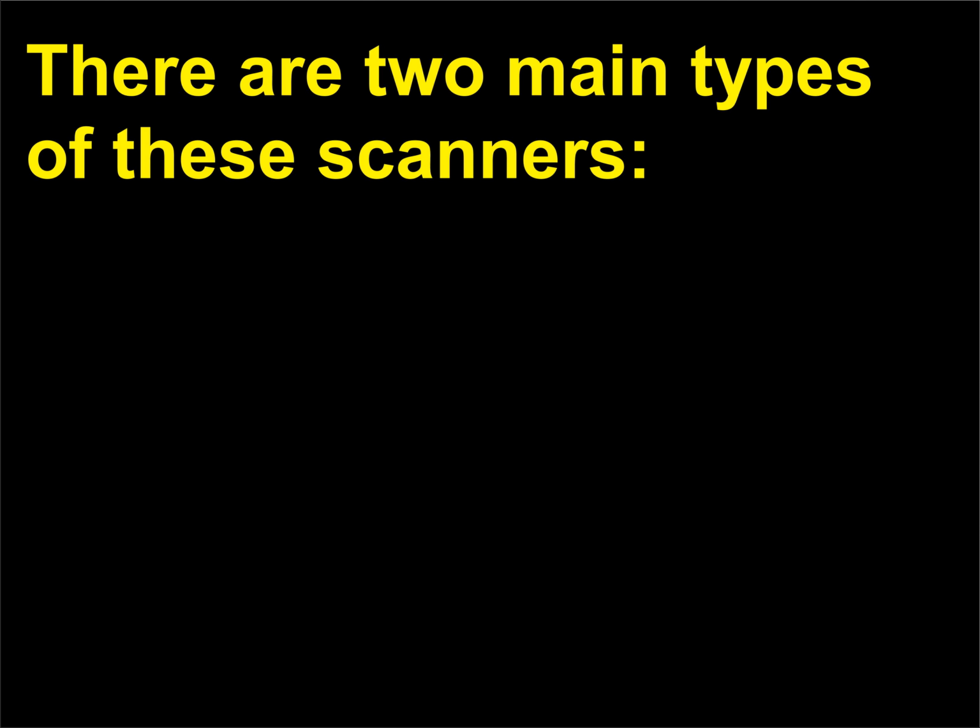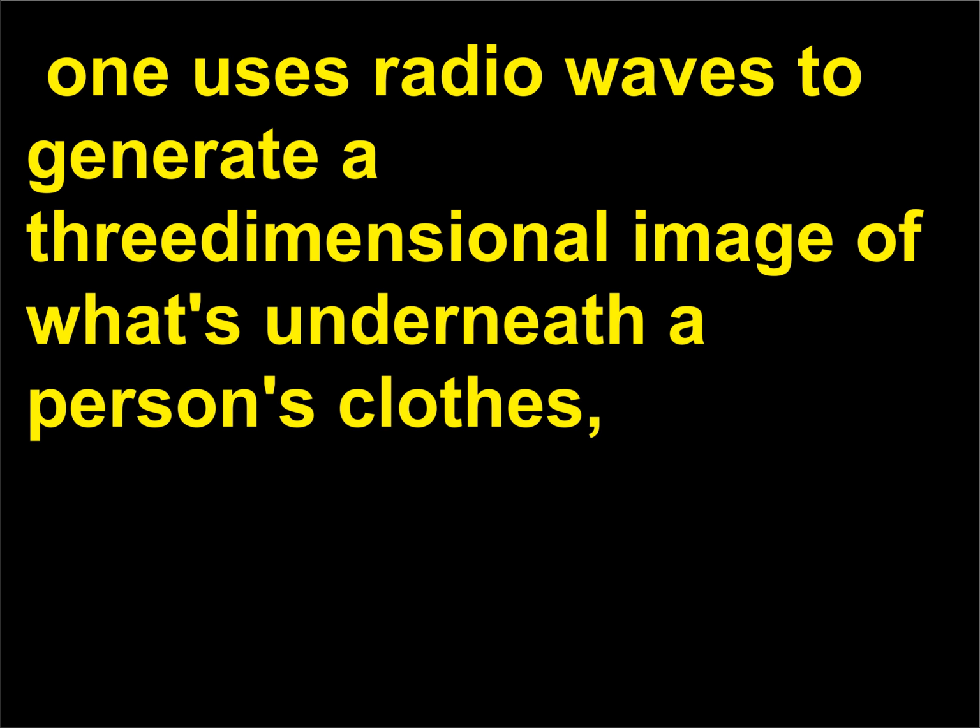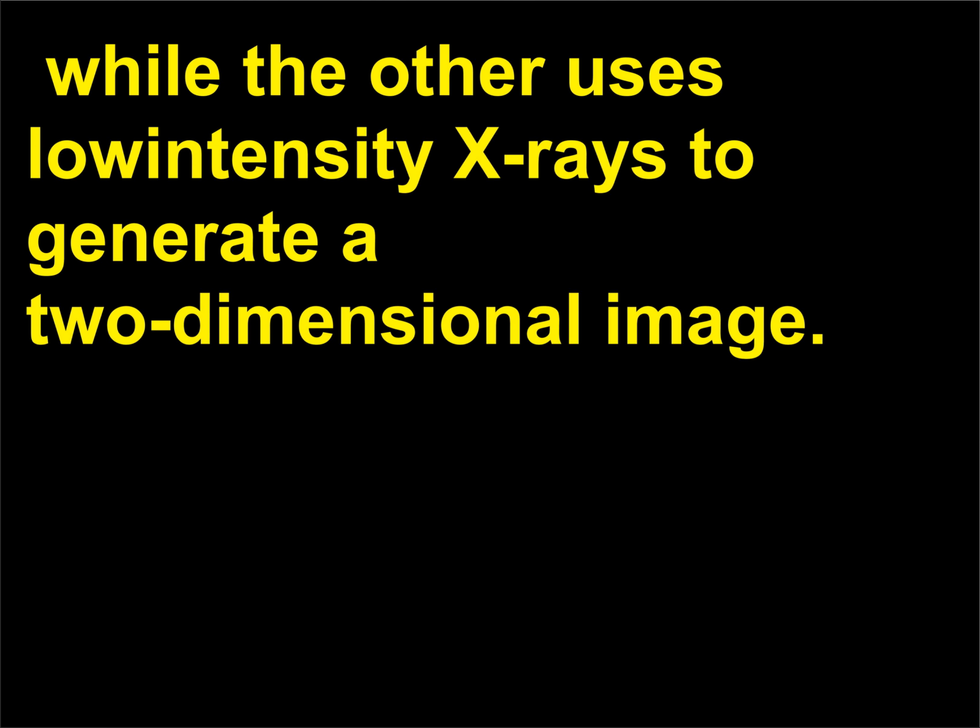How do those new scanners at airports work? There are 2 main types of these scanners. One uses radio waves to generate a 3-dimensional image of what's underneath a person's clothes, while the other uses low-intensity X-rays to generate a 2-dimensional image.